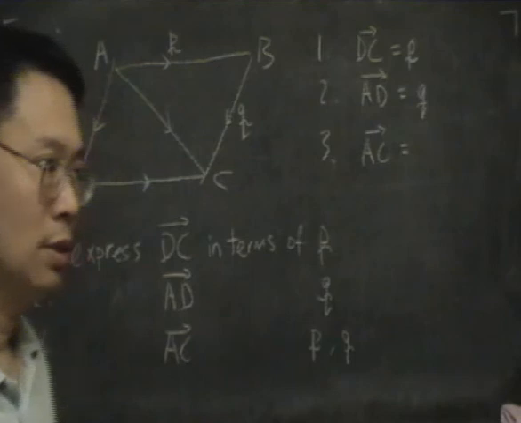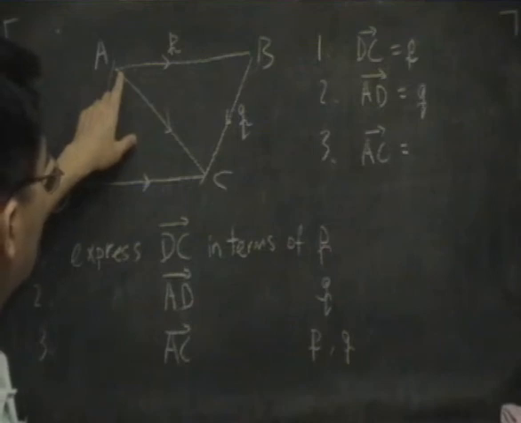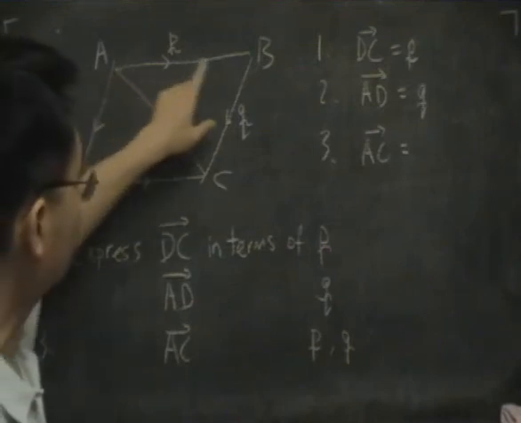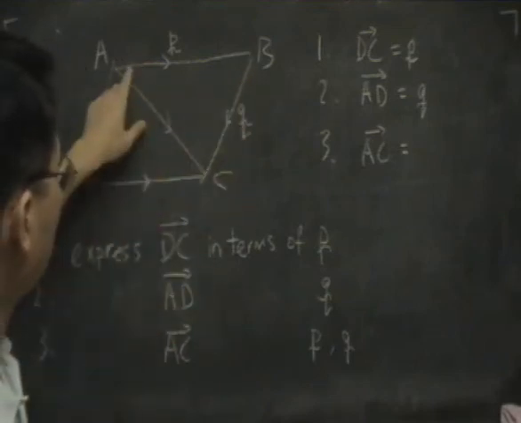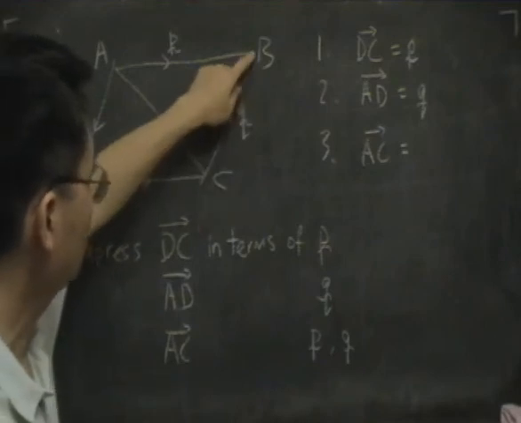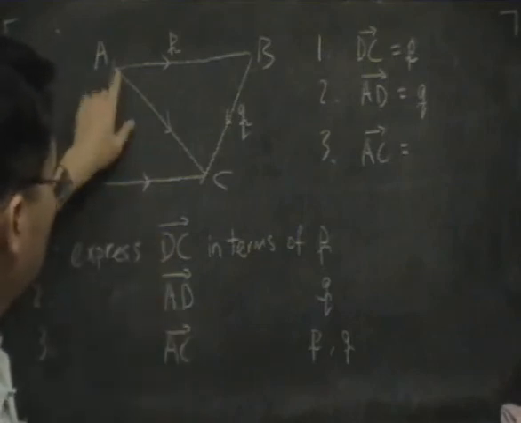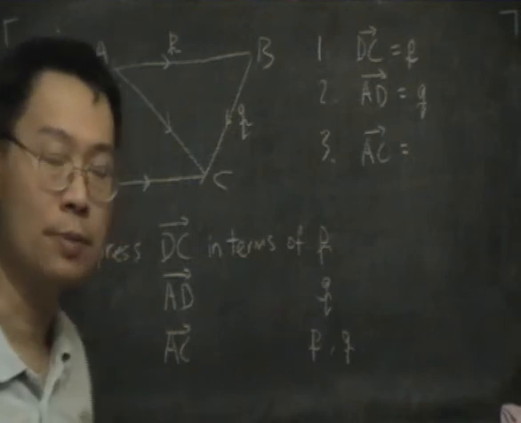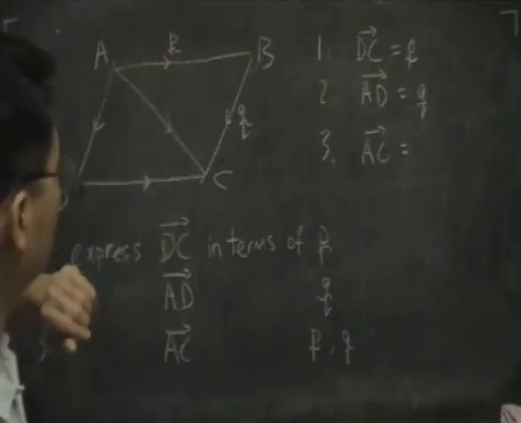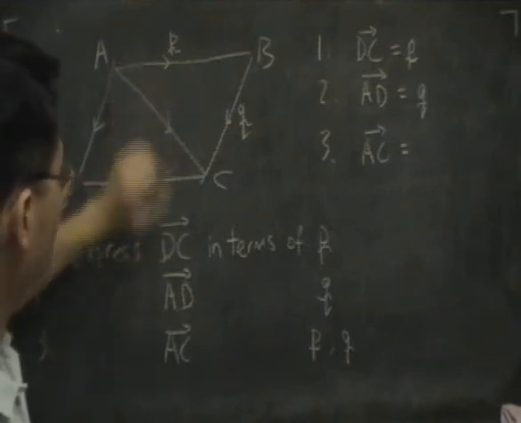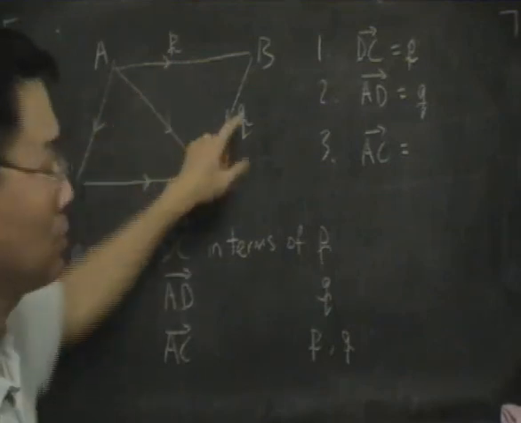So if you remember the triangle law of addition that I described just now, if I add the vector P to the vector Q, I can do it by joining the tip of P to the tail end of Q and then joining the tail end of P to the tip of Q to form a triangle. And this is exactly what we have already. We have the triangle drawn for us right here. So therefore, AC is simply the vector P plus the vector Q.